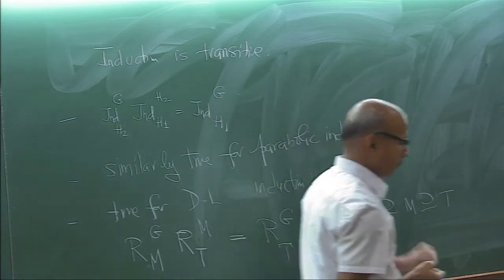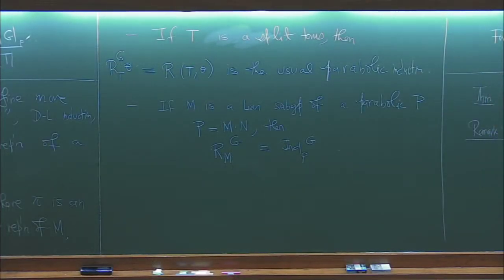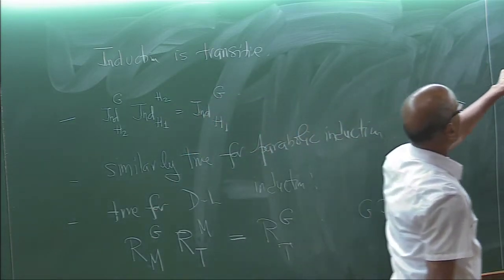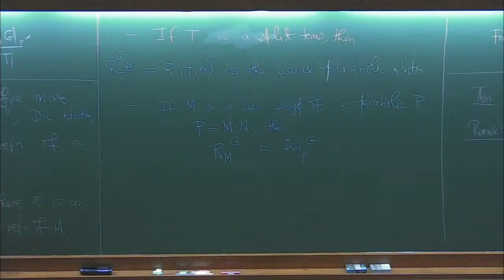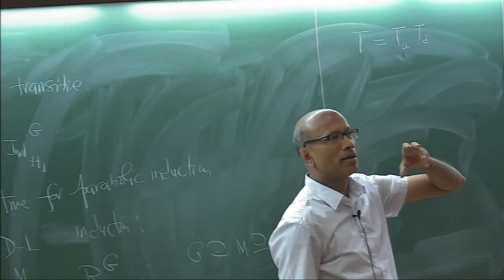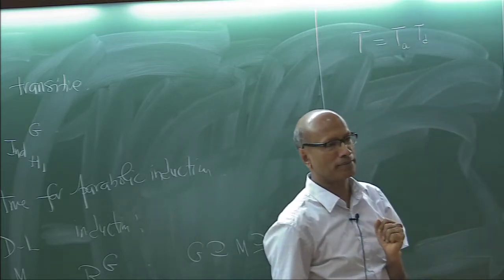So yeah, partly the complication I am describing is that any torus T can be written as T_A times T_D. Maybe I already made this notation yesterday. Any torus is a product of a split torus and something which has no split component. So if it is totally split, then the theory is like ordinary induction. But most tori will fall in between totally split and totally anisotropic.